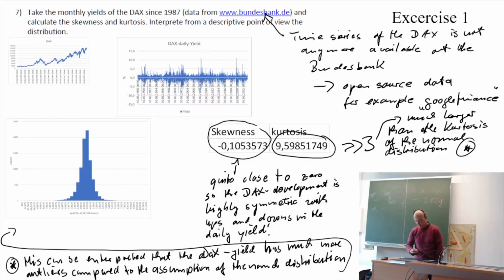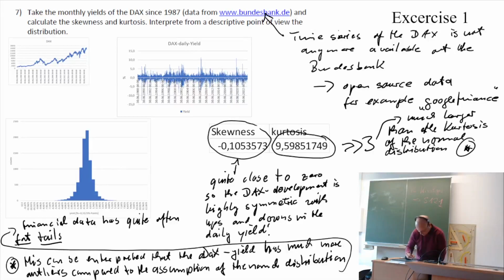So financial data has quite often fat tails in the distribution.